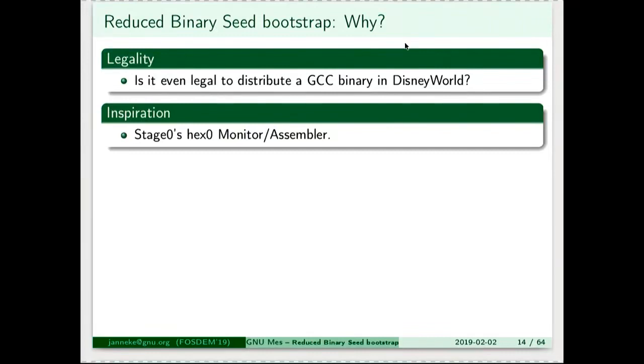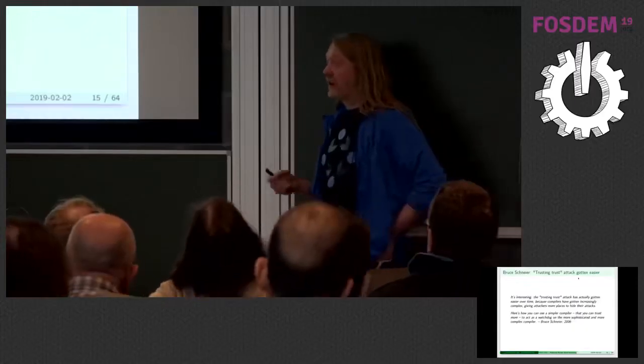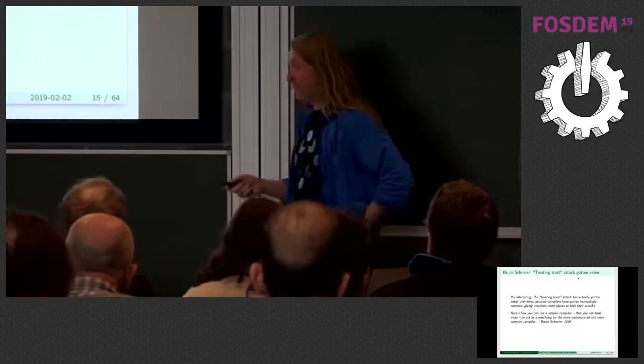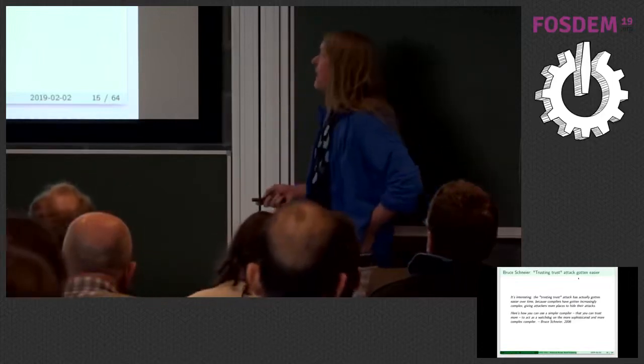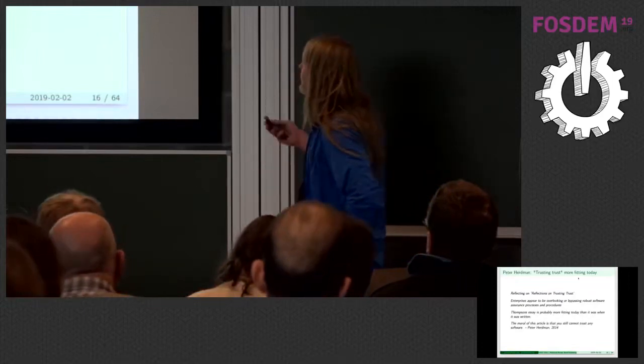Then I have kind of a joke. If you look at it, we'll go into that. So security expert Bruce Schneier remarked that the trusting trust attack, as Ken Thompson described it, is not just an interesting anecdote, it's becoming more relevant today. And Peter Herman says something similar.